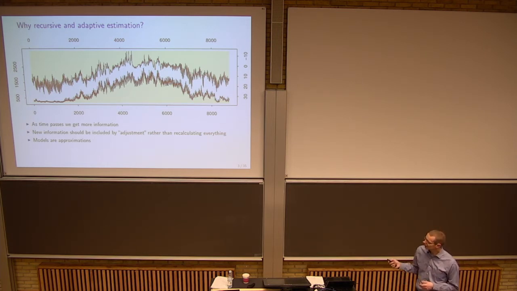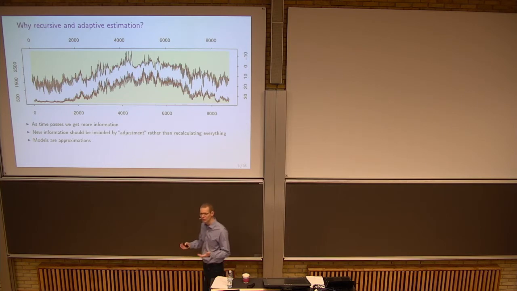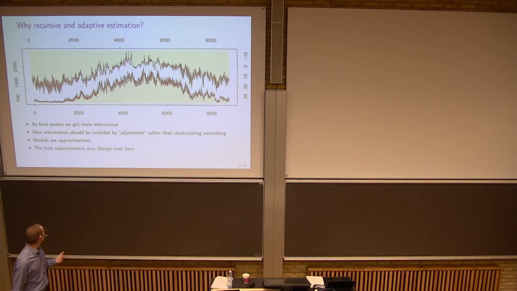We should also keep in mind that models are approximations, and they are all wrong, but some are useful, to add to the quote. Again, if we have approximations to things, they may change over time because there are some things in the underlying system that we do not include in the model.